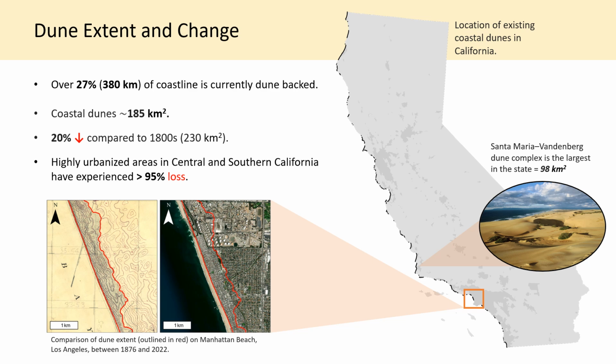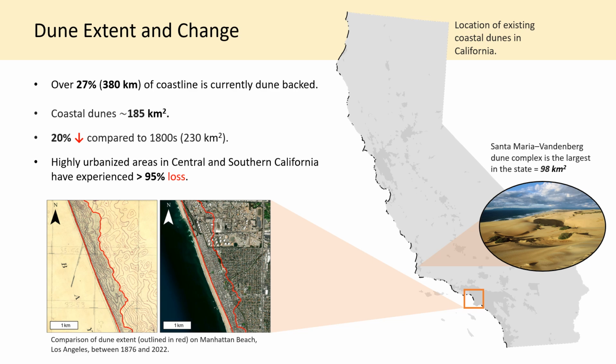So, what did we find? Well, over 27% of California is currently dune-backed. Coastal dunes cover an area of approximately 185 kilometers squared. This represents a 20% decrease in dune extent compared to the 1800s.